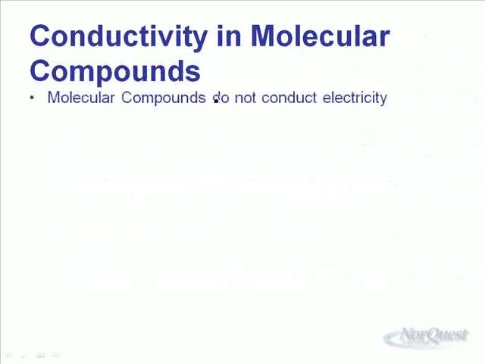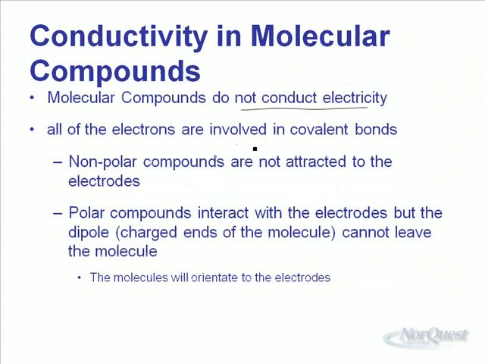The big difference is molecular compounds never conduct electricity. All of the electrons are involved in covalent bonds, so they don't want any more electrons, and they certainly aren't going to give any up. So because of these covalent bonds, there's no electricity being passed, not even in nonpolar and polar compounds, and I guess these are compounds without hydrogen bonding, and these are compounds with hydrogen bonding.